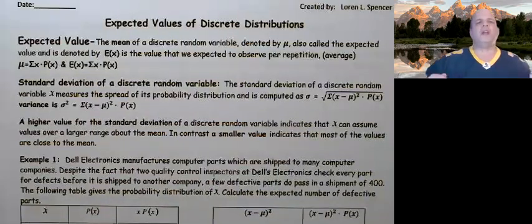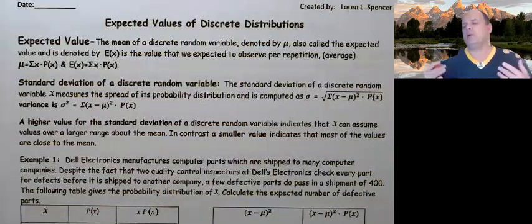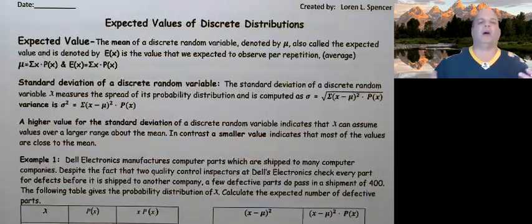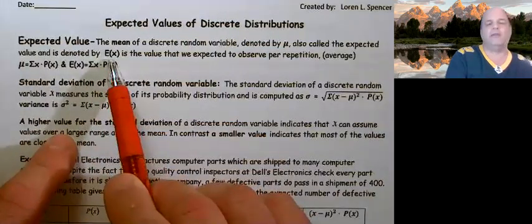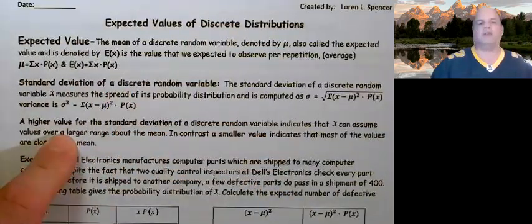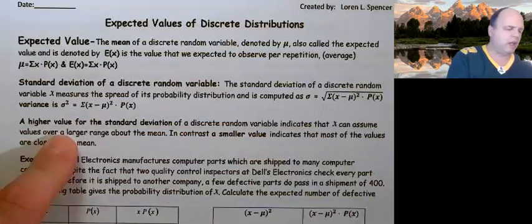So expected value. When we talk about the expected value of the mean of a discrete random variable or of a discrete distribution, we're talking about the mean or the average or what we expect to happen. And we use this symbol, the E of X. All right, so E of X is the expected value.